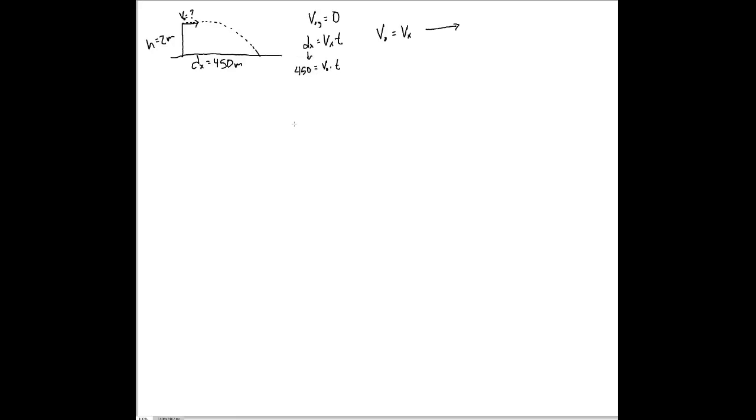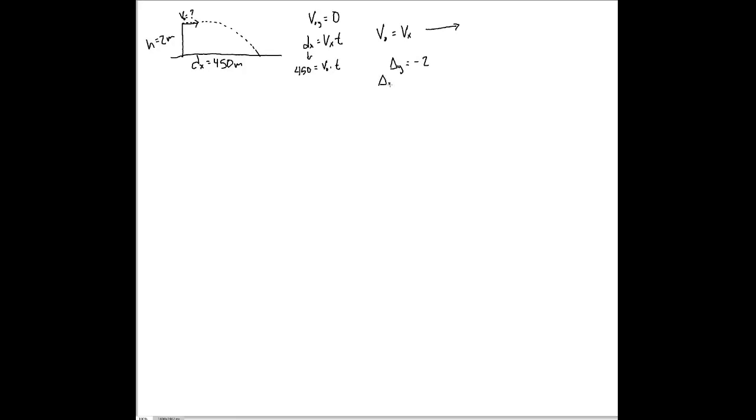Well, this is 2 equations and 2 unknowns. You cannot solve an equation like that. So we're going to have to use a different equation to solve for time, and then use that to solve for V naught. And how do you get time? From height. Height is delta y. In this case, we're going down, so delta y is negative 2.